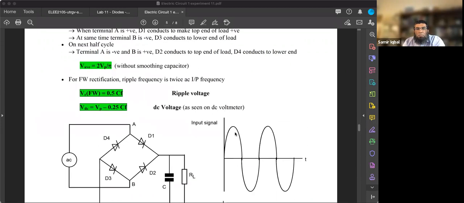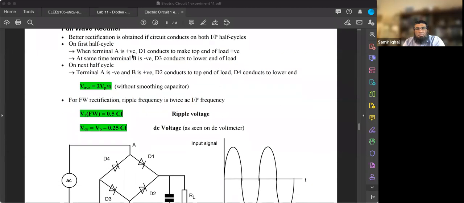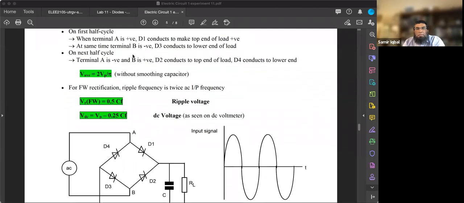All right, so what's happening here in a full wave rectifier: on the first cycle, when A is positive, D1 conducts to make the top end of the load positive. At the same time, terminal B is negative, so D3 conducts to the lower end of the load. On the next half cycle, A is negative and B is positive, so D2 conducts to the top end of the load.